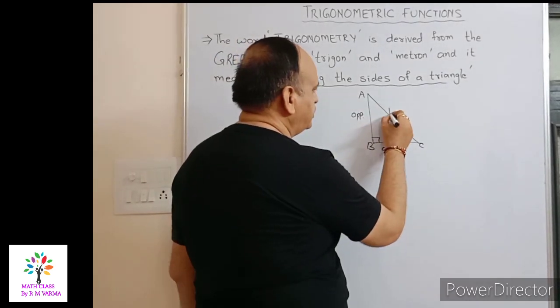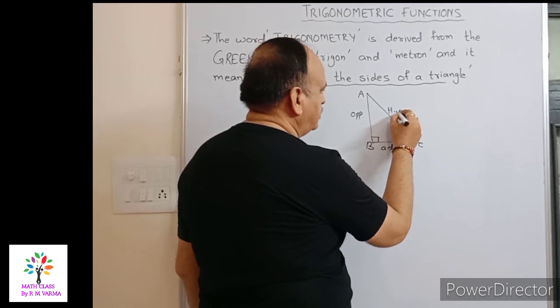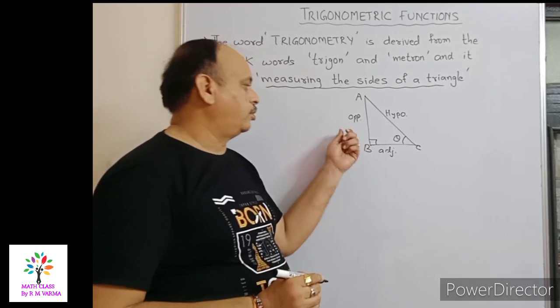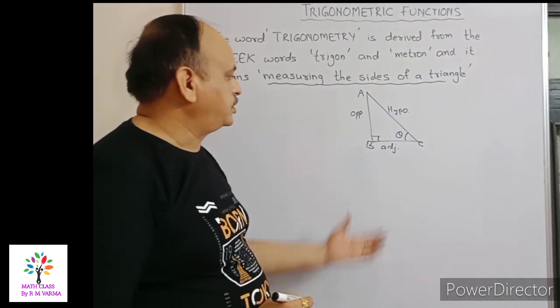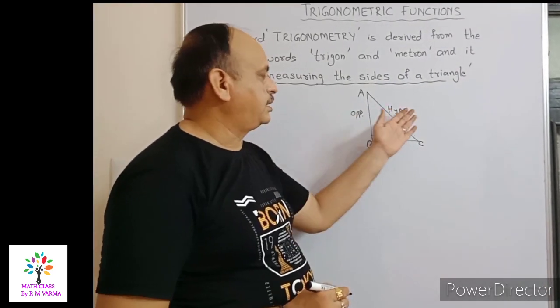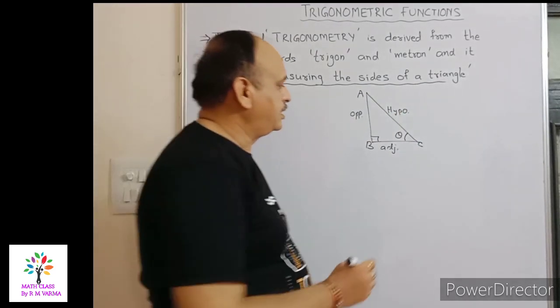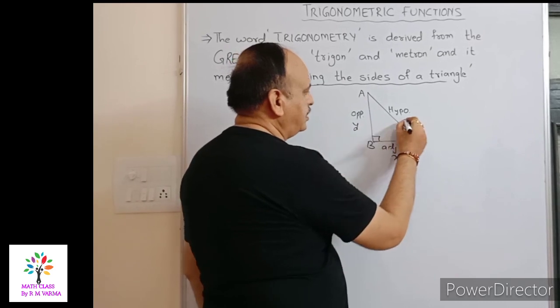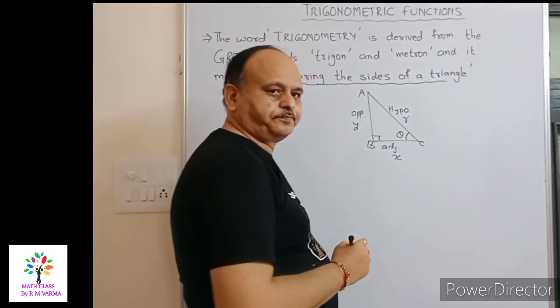And this is the hypotenuse. We write in short: hypo, oppo, adjacent. Adjacent side is written as x, opposite side as y, hypotenuse as r.